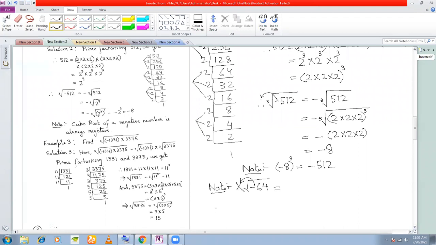We cannot take the negative sign out. In fact, what you must know is that this is undefined. For the time being, just remember this. This is undefined. That is, we cannot find out the square root of a negative number.